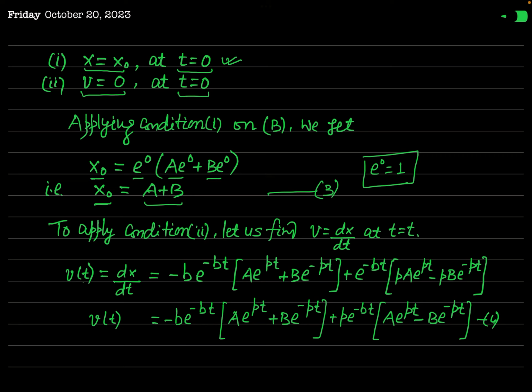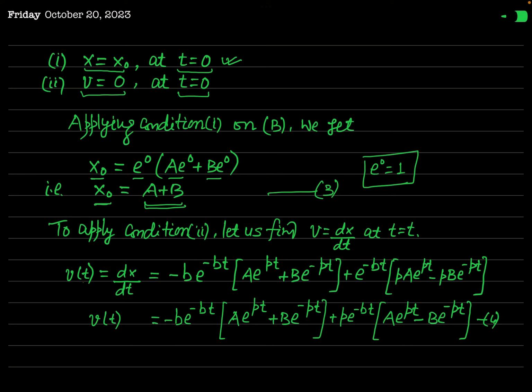By the use of the first boundary condition, we have obtained only an equation in which a and b are present. We have not found the values of a and b, but we have obtained an equation which contains a and b. Now if there is another equation containing a and b, then we can solve those two equations to get the values of a and b.